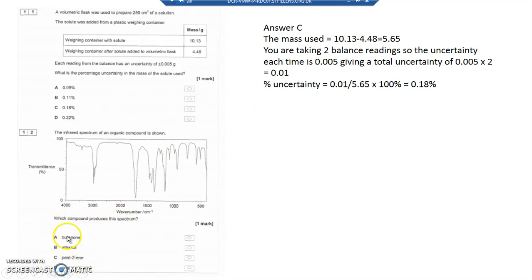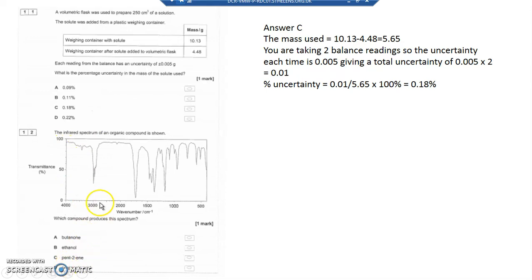Now let's go through. We've got a data book alongside us, but let's see if we can do it without the data book. Ethanol has got an OH, and OH produces a broad, large absorption around about 3,500, and that's not there. So it's not ethanol, because the alcohol OH would produce a broad, wide absorption around about 3,500.